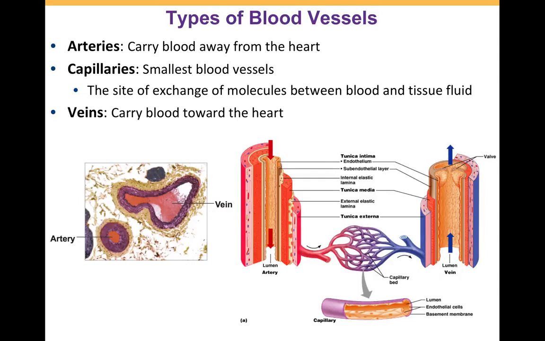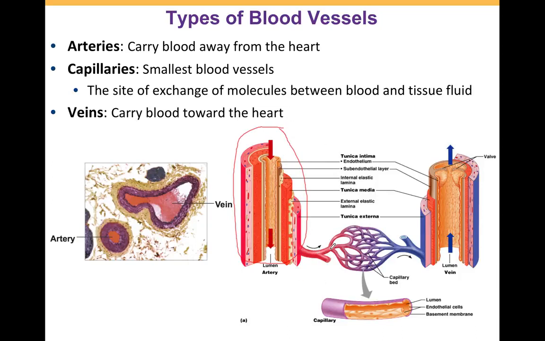These are the smallest of the blood vessels, and they have a single layer of flattened cells that form the wall of these capillaries, and they are the site for the exchange of molecules between your blood and tissue. So if you take a look at the picture we have down here, on the left-hand side, you have your arteries.